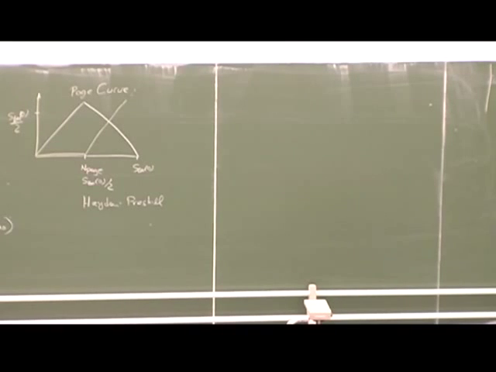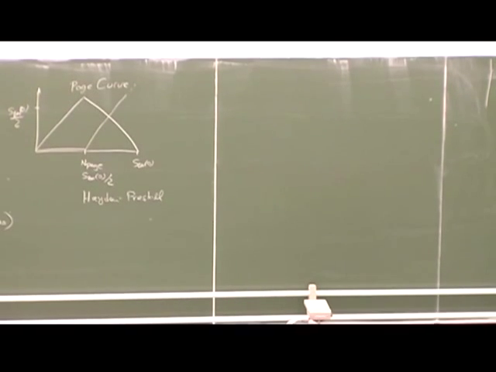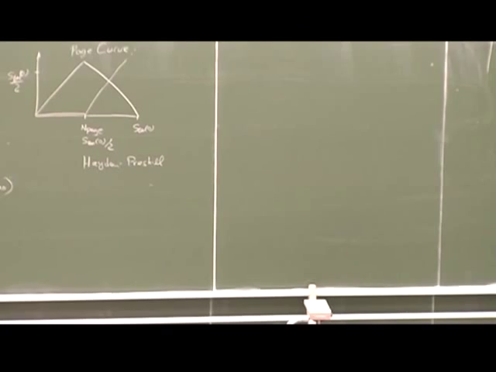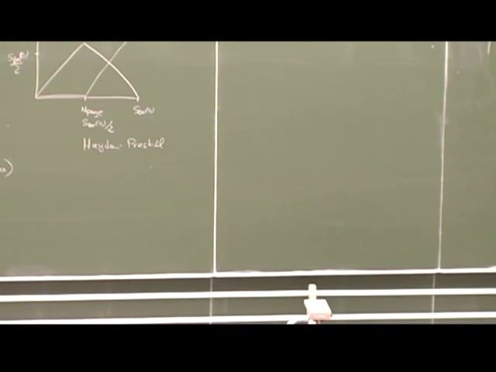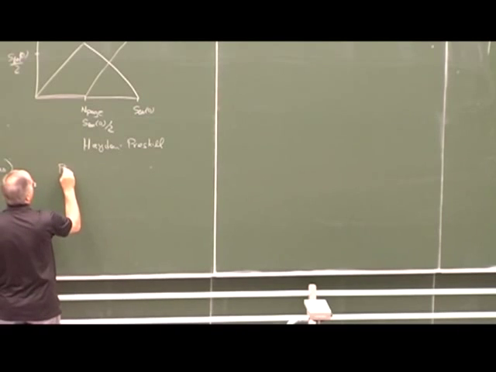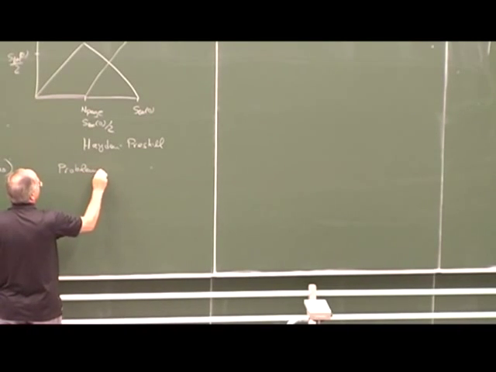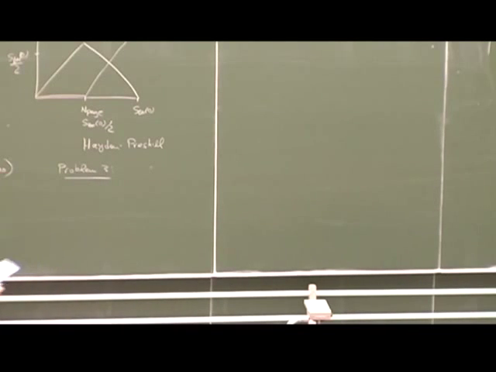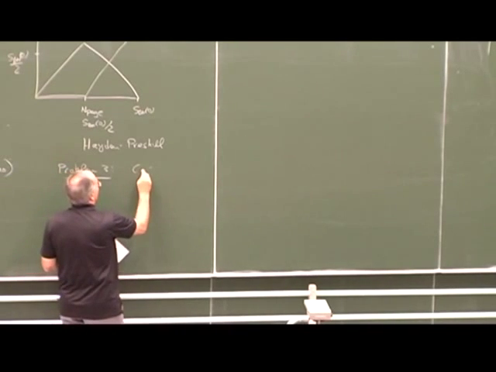Very good. So now I can give problem 3. Problem 3 is actually to repeat the original Page calculation. Page didn't do the calculation that we did. He did a numerical simulation of this type of system and found numerically this curve.